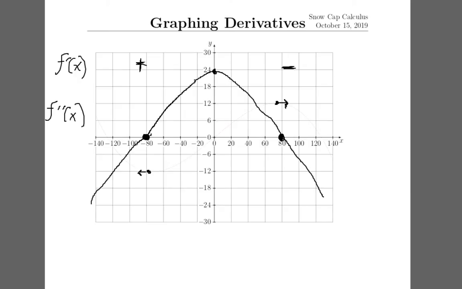So f double prime of x will look a little bit more like this. All right, and that makes sense because we have an inflection point here on the y-axis. It correlates to a crossing of the origin here, for f double prime of x.